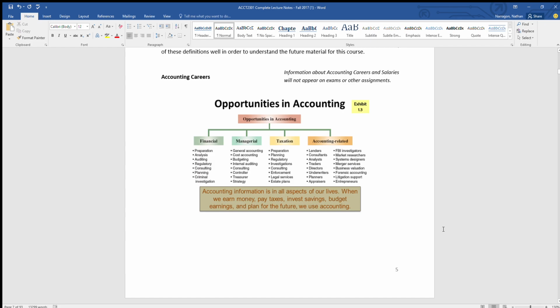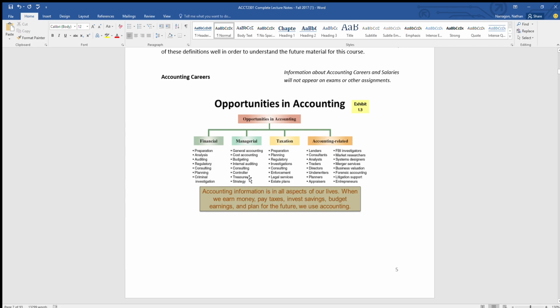Okay? And then, of course, I love this graphic right here. Awesome graphic. Because if you don't know how many careers are invested in accounting, here it is. And this is just the tip of the iceberg. The cool ones I like are the criminal justice kind, the forensic accounting and litigation support. You have to know accounting to be an entrepreneur, for planning, preparation, estate planning if you're in taxes.